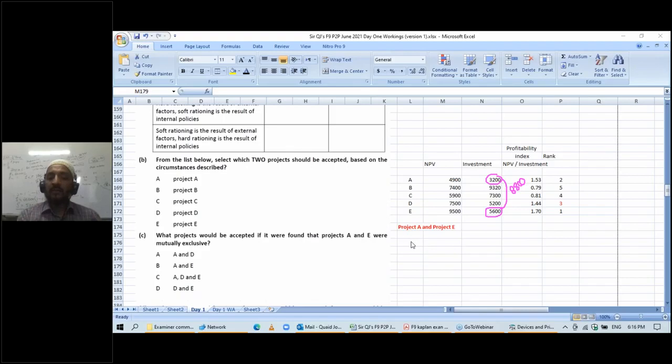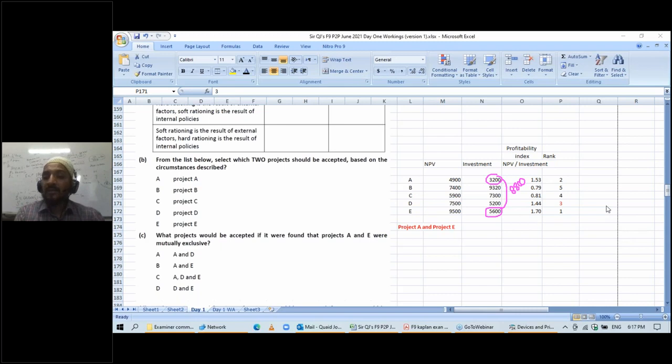So if you select one out of A and E, then you can invest in any other project as well. And the second project can be project D, the project with rank 3. You can select the project with rank 3 together with A, but you cannot select it with project E, because the total amount of investment required will exceed 10 million.